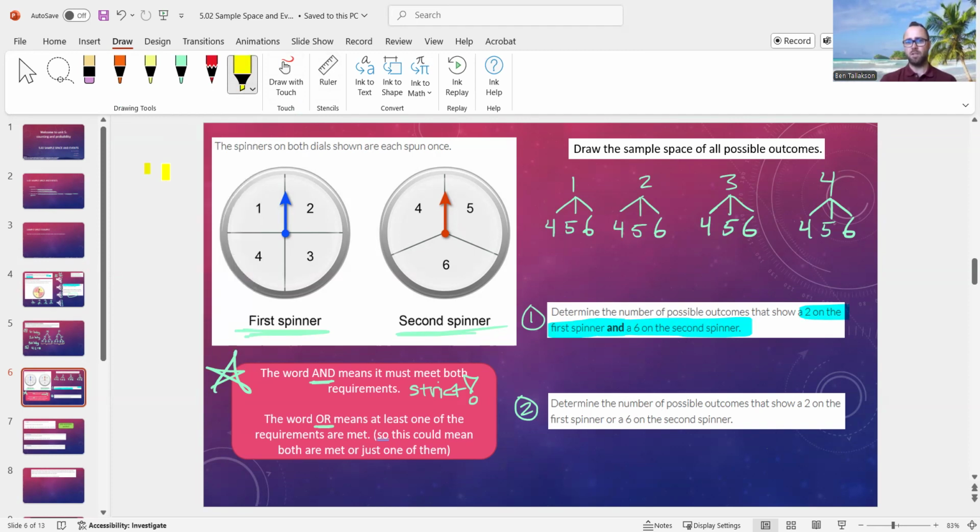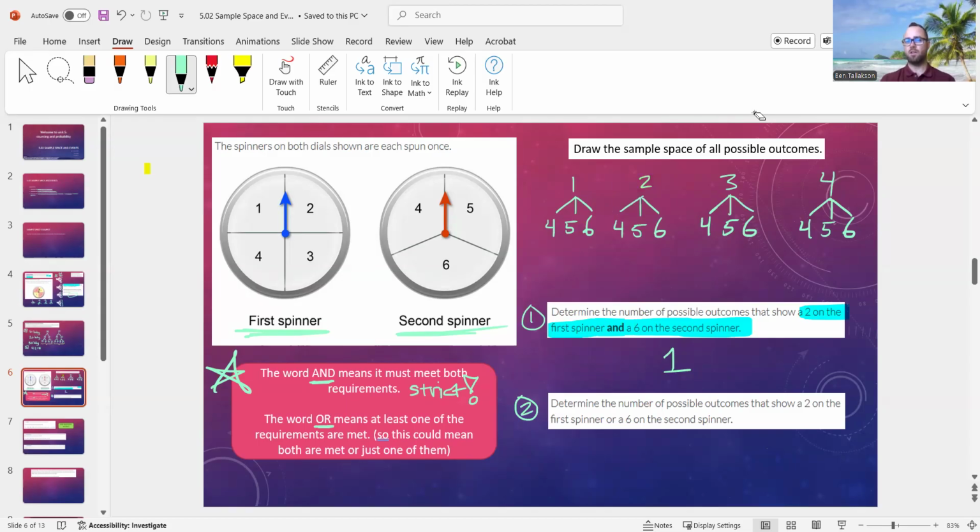Well, I only see a 2 on the first spinner right here. And both things need to be true. So I need a 2 on the first spin and a 6 on the second. Are there any other situations here where we see a 2 on the first spin and a 6 on bottom? Both things happening together. A 2 and a 6 match? No, that is it. So that means there is only one possible outcome for that situation.